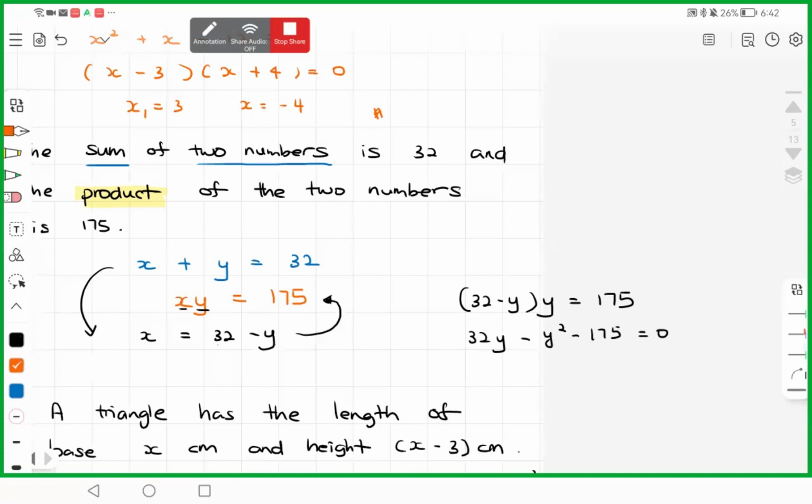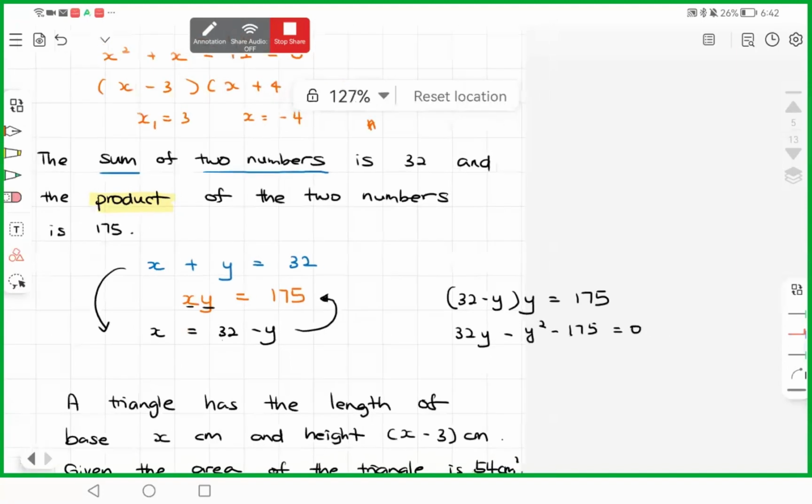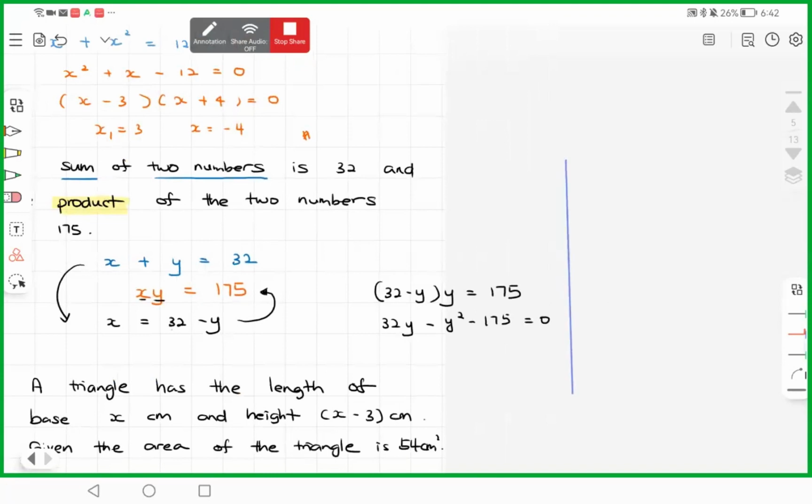So now, okay to follow or not? Okay, let me write it properly. Just now we got the two equations, x plus y equal to 32 and xy equal to 175. You can label them first equation and second equation. From the first equation just now, we let x equal to 32 minus y.